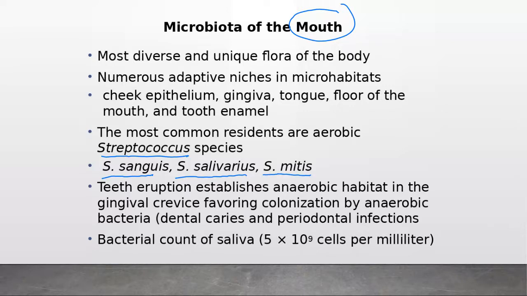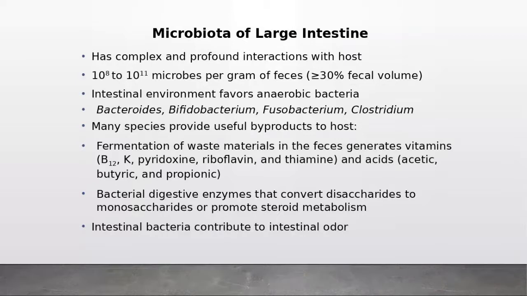So these are types of bacteria that usually live in our mouth. And the second part of the GI tract that usually has a lot of normal flora is the large intestine. Examples of bacteria that live in this place are Bacteroides, Bifidobacterium, Fusobacterium, Clostridium.